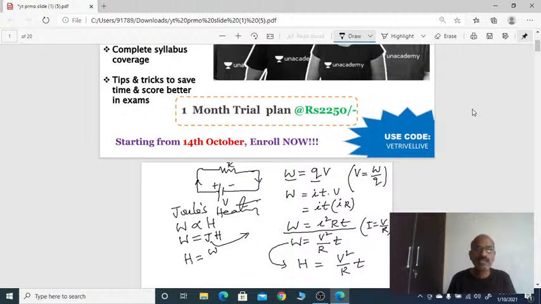From this, heat equals work done by J. So we can write work done as I square RT, and heat as I square RT by J, or V square by J R into T. So have an idea of this; we are going to apply it now in numericals.